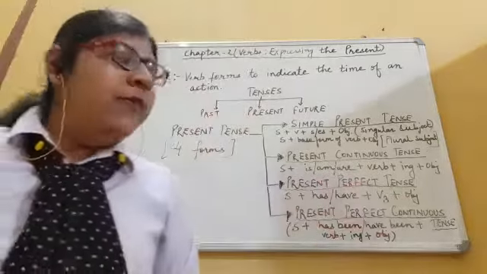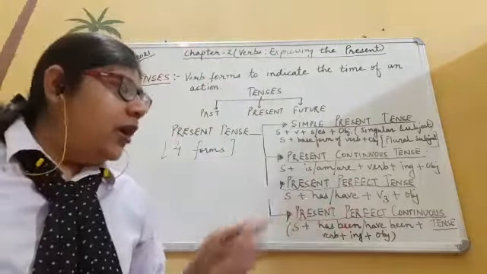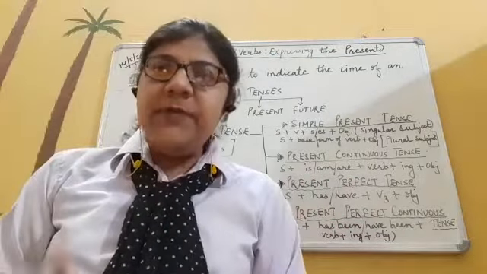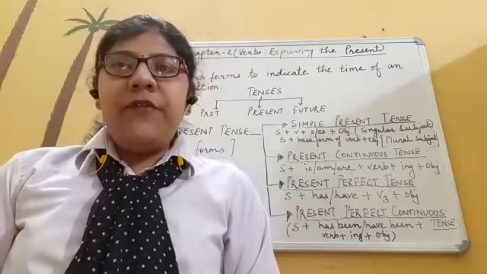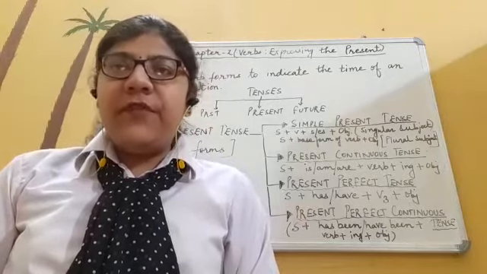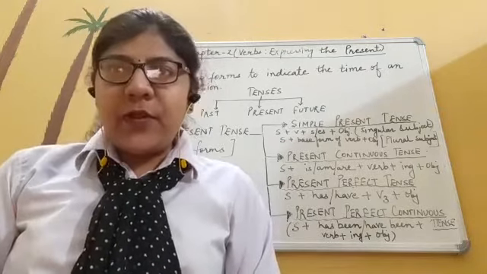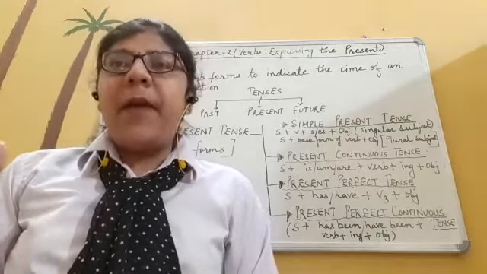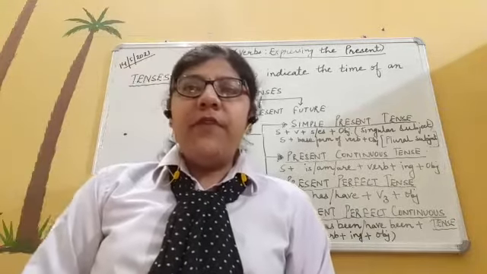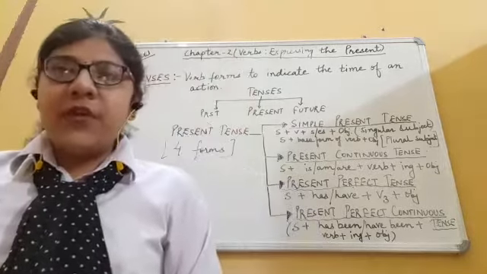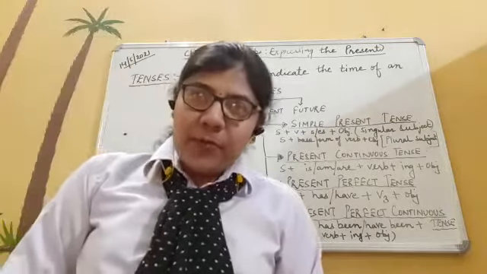Now, how to form the sentence in the present perfect tense? This time we will be using the helping verbs has or have. And along with has or have, we will be using the V3. V3 means third form of the verb, and the third form of the verb is also given the name past participle form of the verb. Okay, so the formula will be subject plus has or have plus past participle form of the verb plus object.